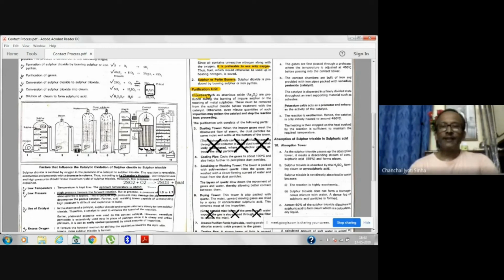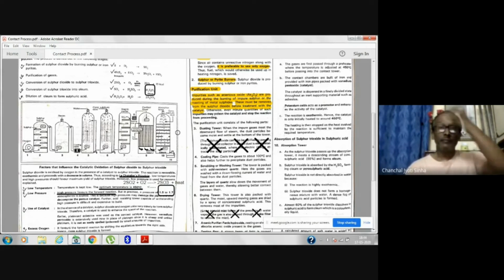Impurities such as arsenic oxide are produced during the burning of impure sulfur or the roasting of metal sulfides, meaning FeS2. This must be removed from the sulfur dioxide before treatment with the catalyst.